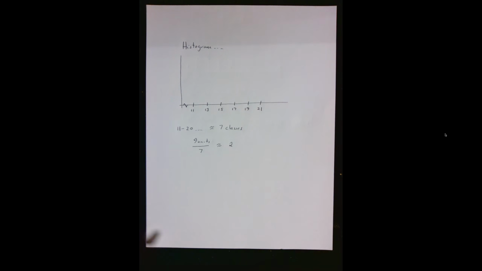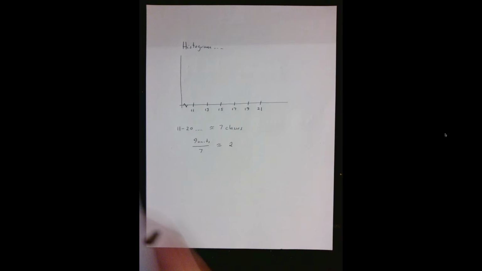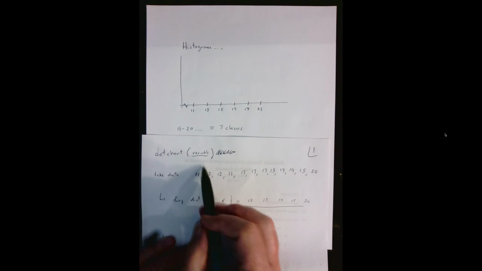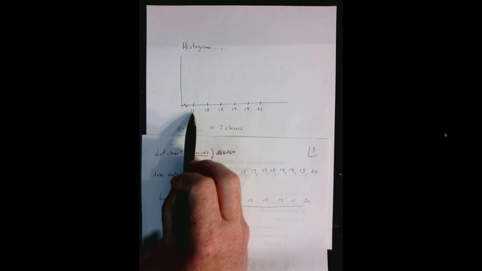Now, if I go back to my data that I had previously, let me bring that back up, and look at the frequency distribution, which I had. I can't seem to find it right now. But that's what happened when my video went crazy on me. But we can see that from 11, now let me explain what this means, 11 to 13.